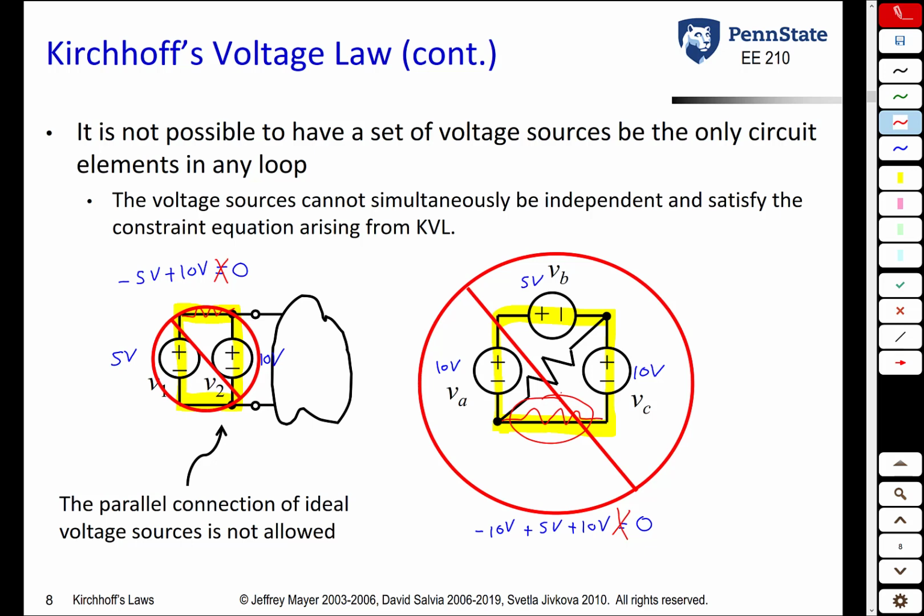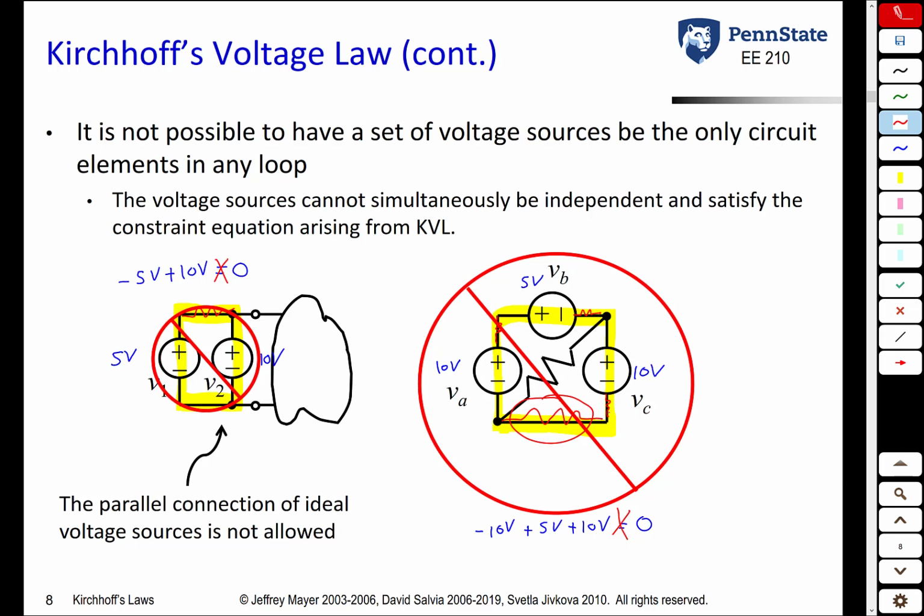So this gives rise to two questions. First question is, what happens if you do this then? Will you go to jail? Will you blow up the world? In practice, voltage sources all have a very, very small series resistance with them. So what that means is technically you are not connecting just voltage sources in a loop because of these series resistances that are associated with the voltage sources.